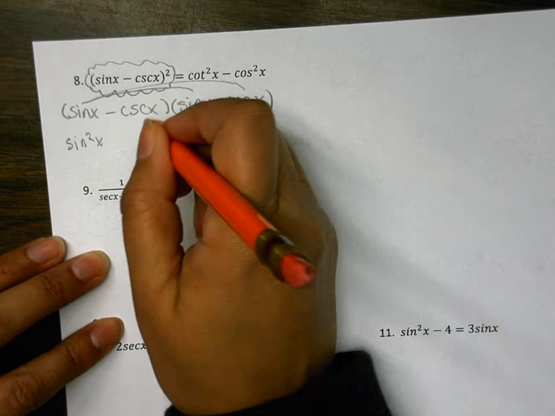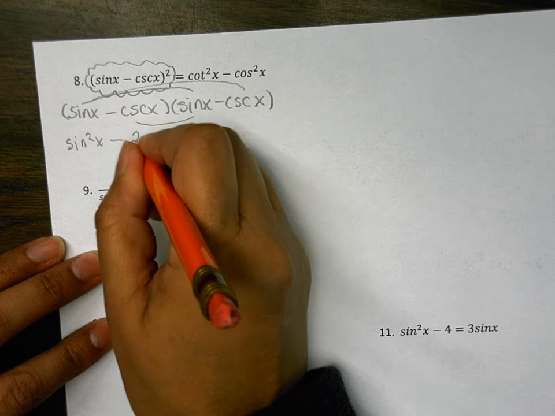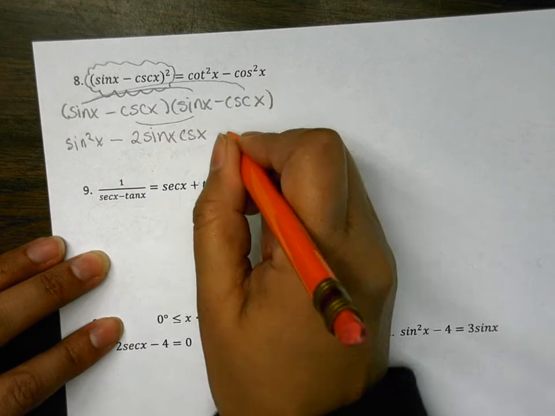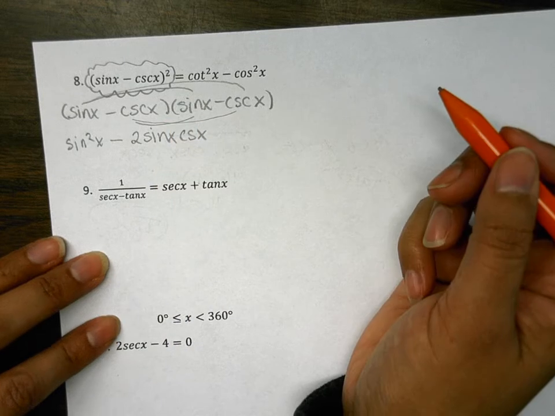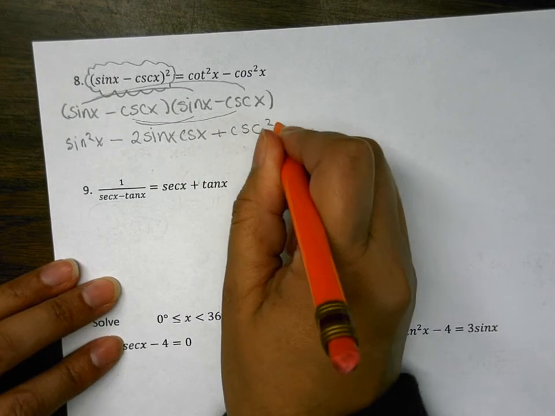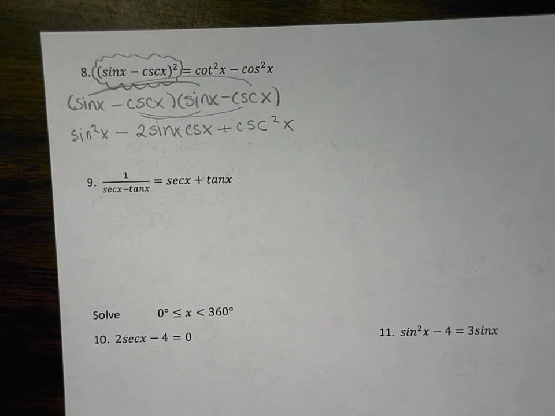So that gives me sine squared x minus sine x cosecant x, which is minus 2 sine x cosecant x. Good job. And then at the very end, plus cosecant squared x.